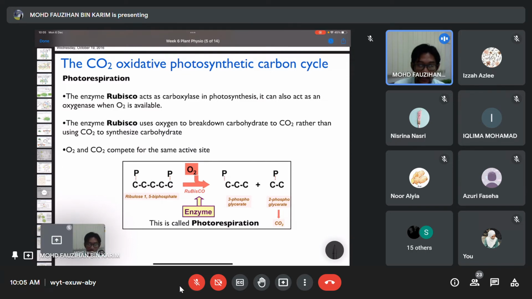In the normal condition, if the enzyme fixes the carbon dioxide, you consume the energy and as a result you produce glucose. So you gain something when you spend your money and then you get something, right?